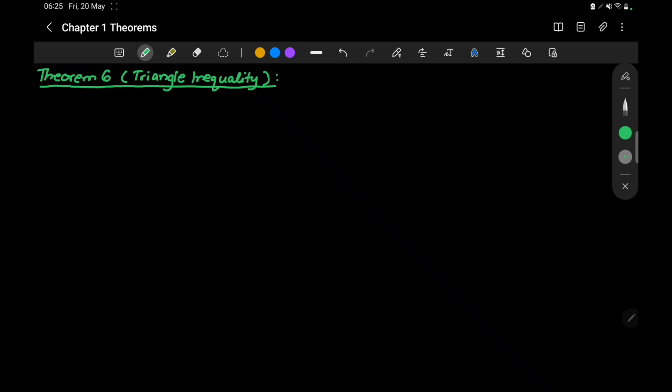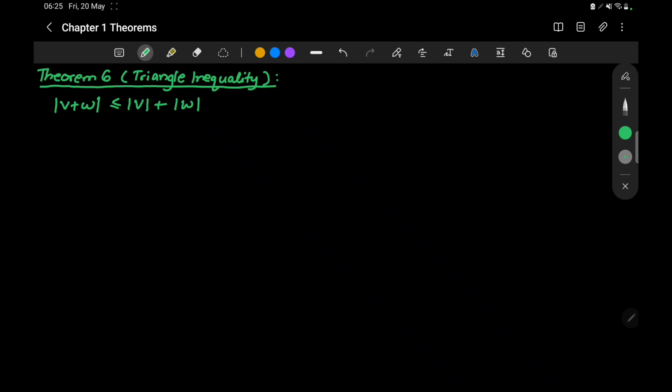So, triangle inequality states that the magnitude of the sum of two vectors would be less than or equal to the sum of their individual magnitudes.